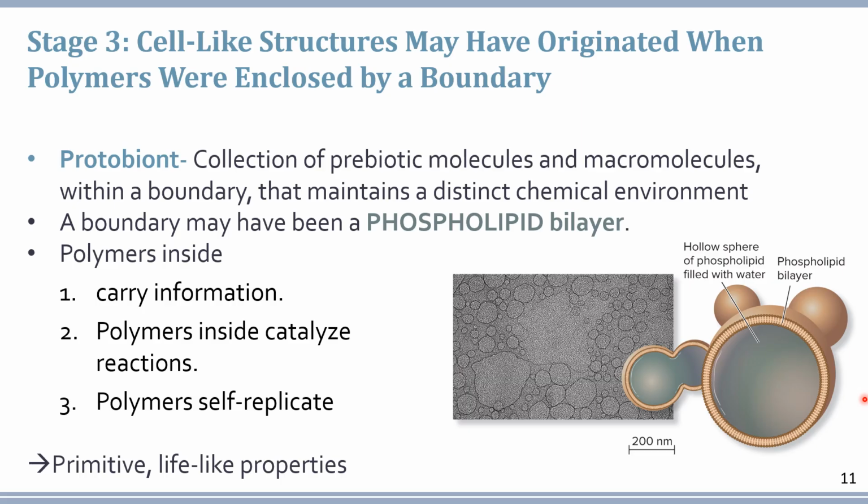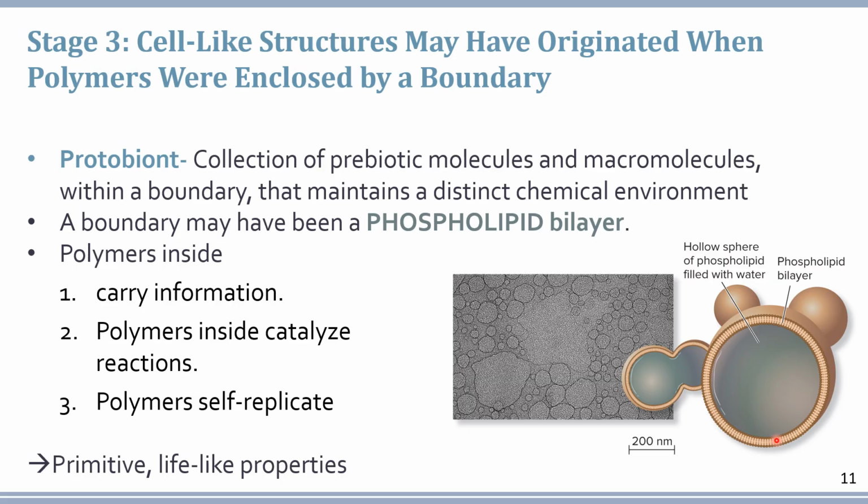And that would have come about by phospholipid or phospholipid-like molecules forming polymers and then forming this lipid bilayer. Remember that the phospholipid bilayer is hydrophilic on the outside and on the inside layer, and hydrophobic tails on the inside. And that's what forces them to make these little pockets of cells. And then, of course, our polymers would need to be inside, and we need some special types of polymers.